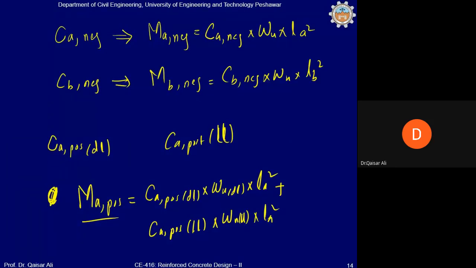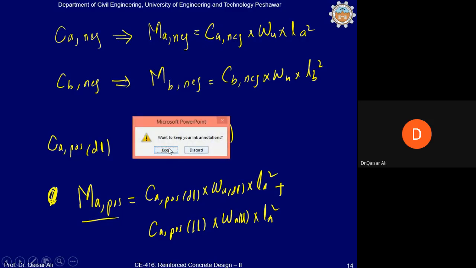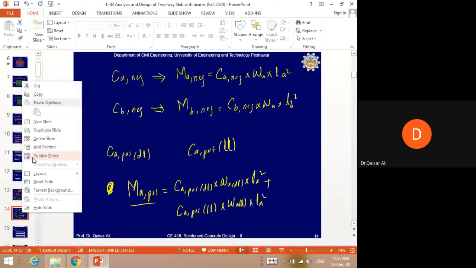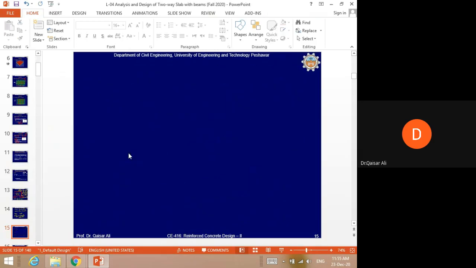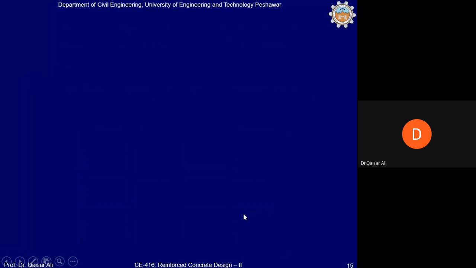Similarly you can calculate the positive moment along the longer direction using two coefficients, that is positive moment coefficient for dead load and positive moment coefficient for live load. आप Cb positive dead load and Cb positive live load इसको कैलकुलेट करेंगे और उससे फिर आप मोमेंट कैलकुलेट करेंगे.